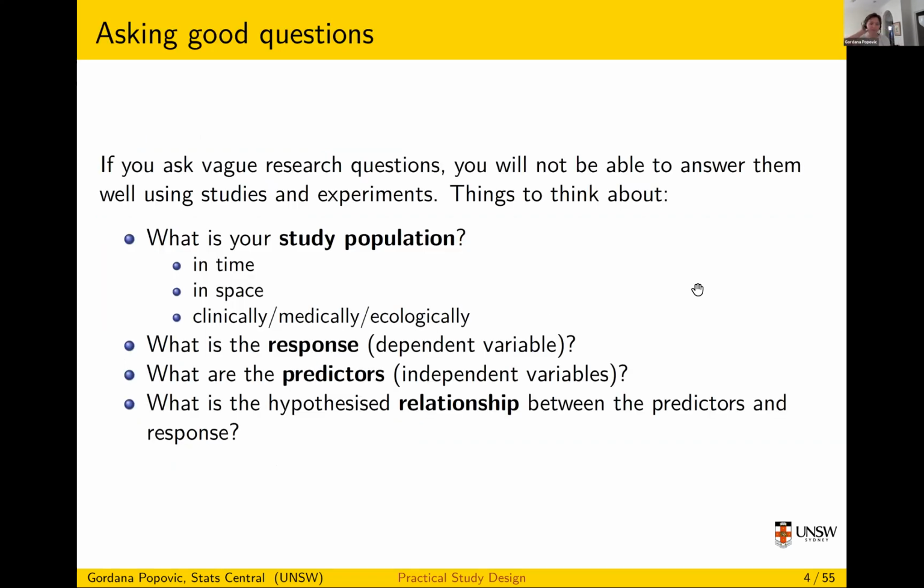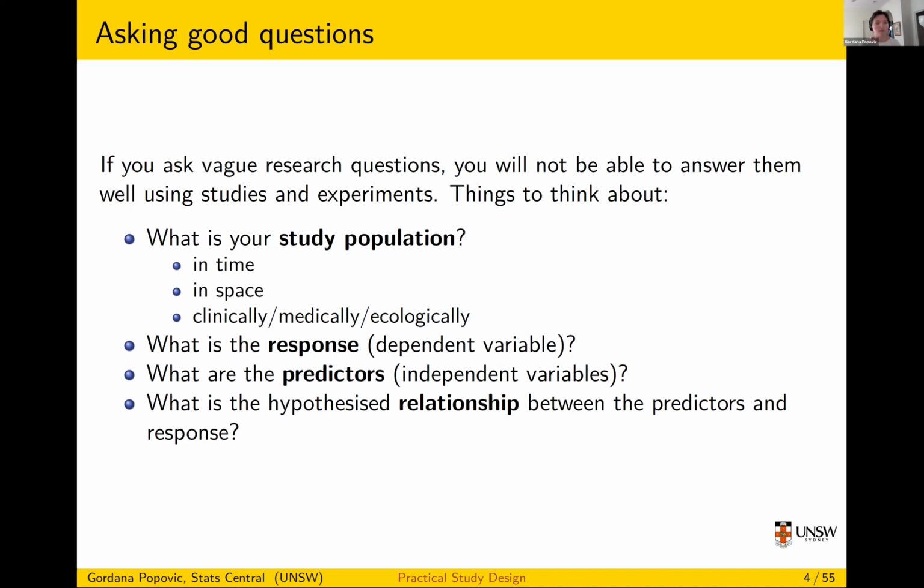The very first thing you need to conduct any research is a really precise question. You need to know a couple of things. First, you need to know who your study population is. If you're in medicine, are you interested in all diabetics, or are you interested in diabetics that don't respond well to insulin?